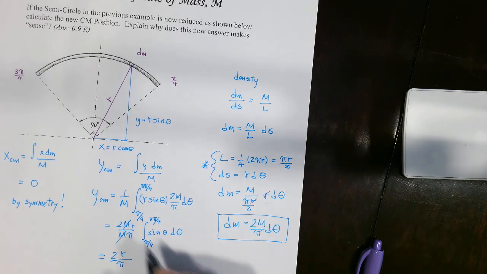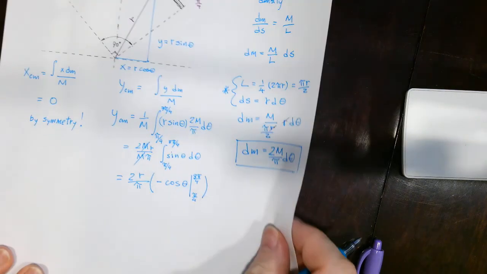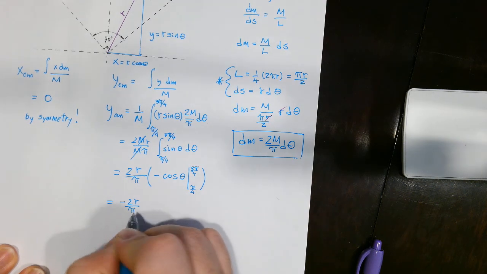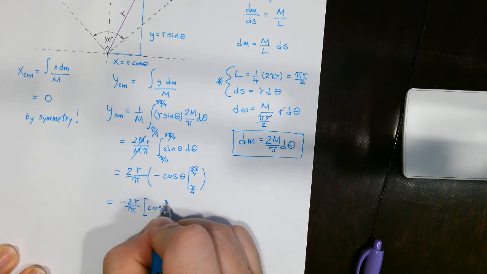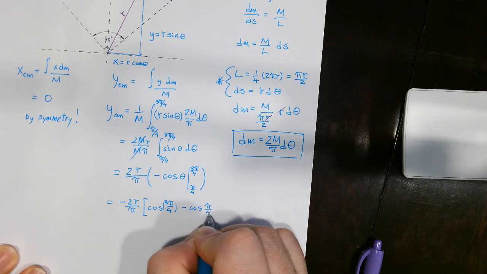Integrate that, and we get negative cosine theta from pi over 4 to 3 pi over 4. So negative 2r over pi times cosine of 3 pi over 4 minus cosine of pi over 4.